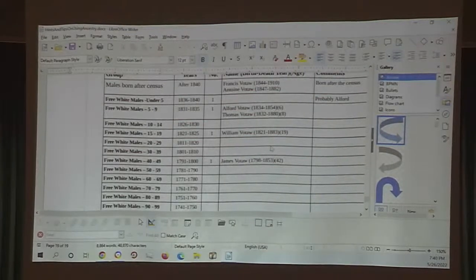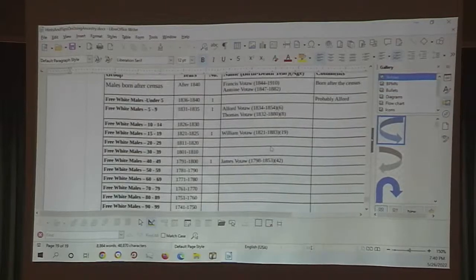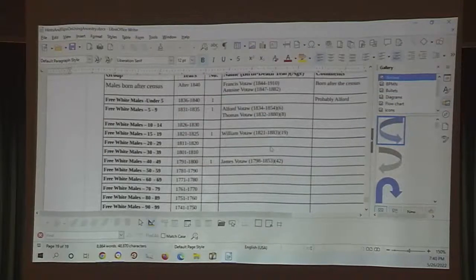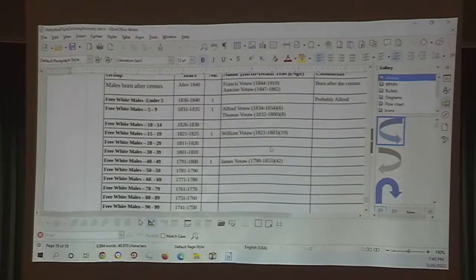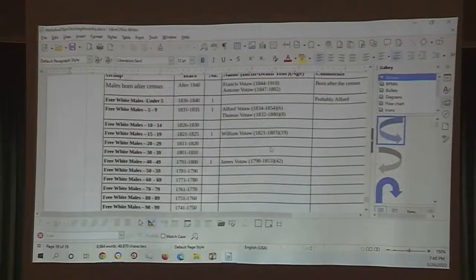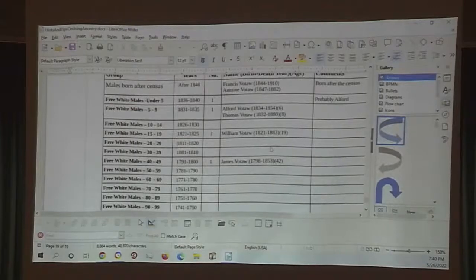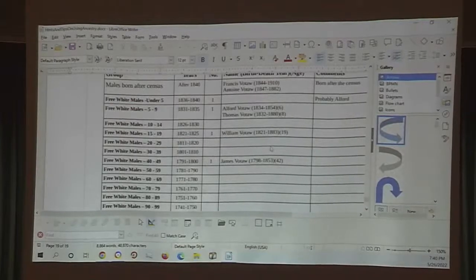You don't want to put a Word document because then it has to be downloaded and opened in Word. If you send a PDF file up to the gallery, they can open it directly. So then I put a copy of the 1840 census up in the gallery for James Votaw, and also for all of his kids.